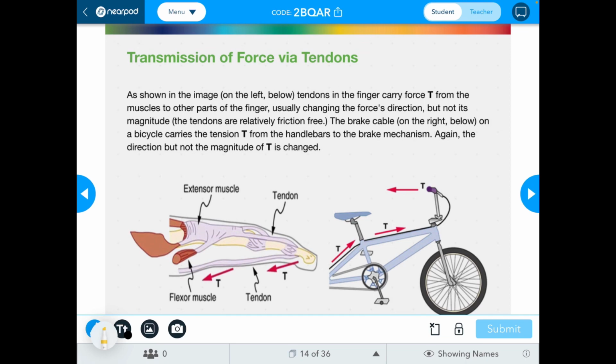And then there's as well the tension in a cable on a bike brake. When you pull the brake, it pulls that cable, tightening the tension, and the tighter the tension goes, the harder the brake compresses onto the wheel, which doesn't show that part for some reason, but you get the idea.